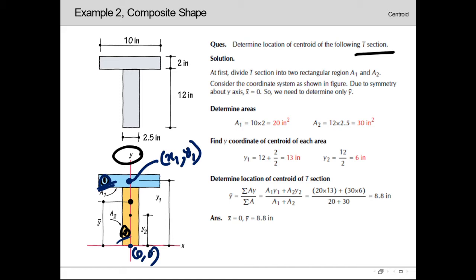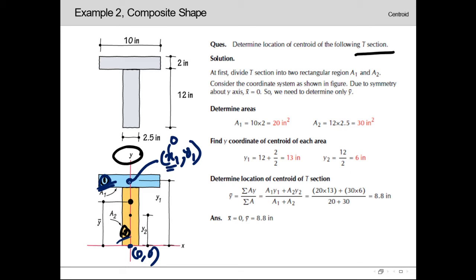So what will be the value of x1 starting from 0, 0? As the 0, 0 is right at the mid portion, do we need to move along the x-axis? No, we do not need to move along the x-axis, so the value of x1 will be 0.